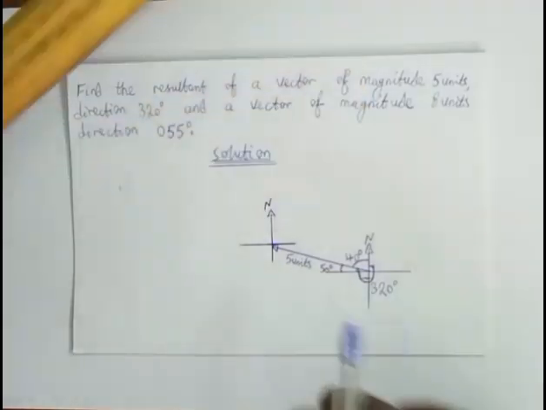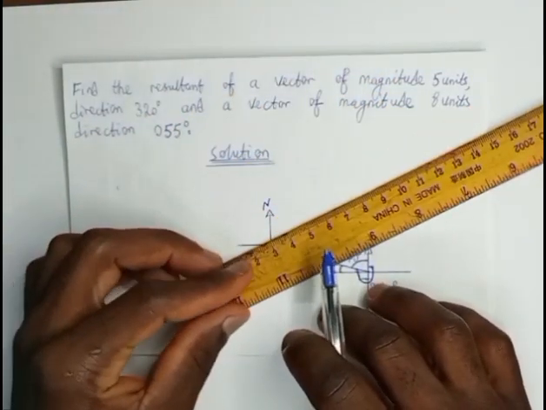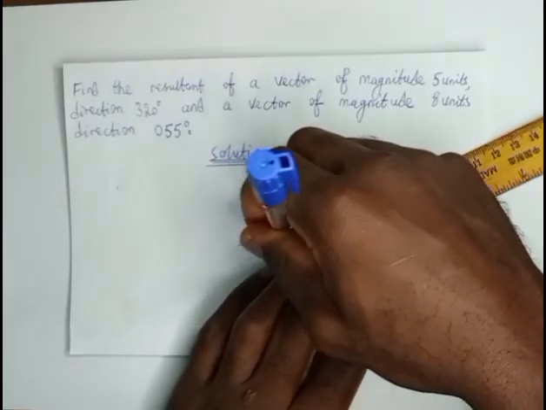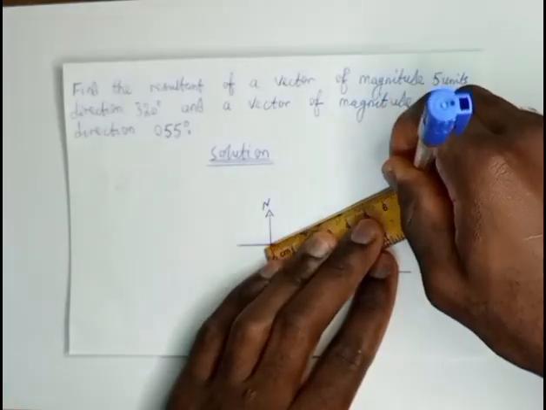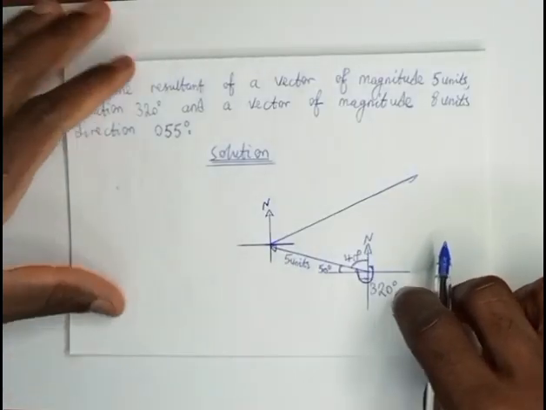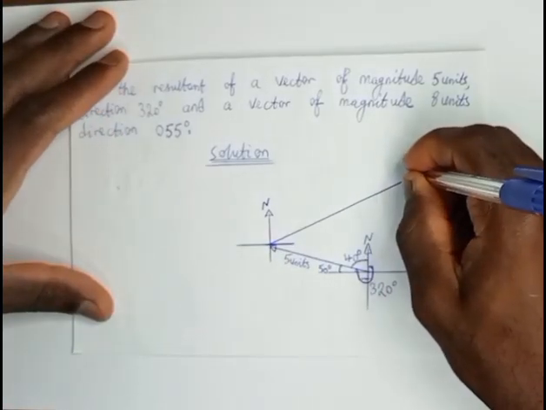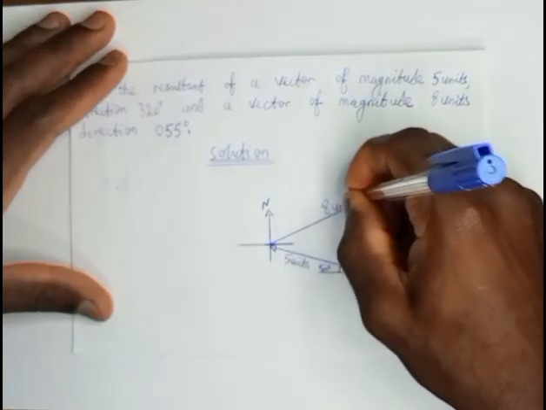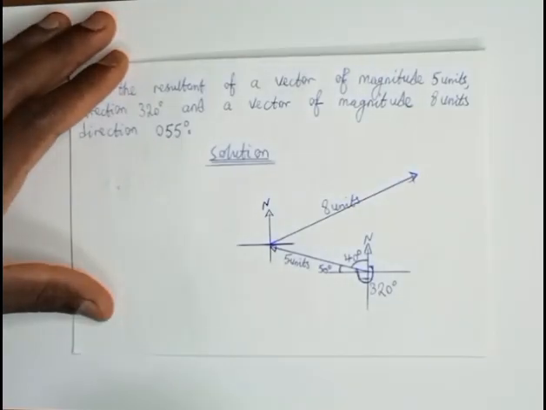Represent the vector, which is of magnitude 8 units. This is the vector, so of magnitude 8 units.